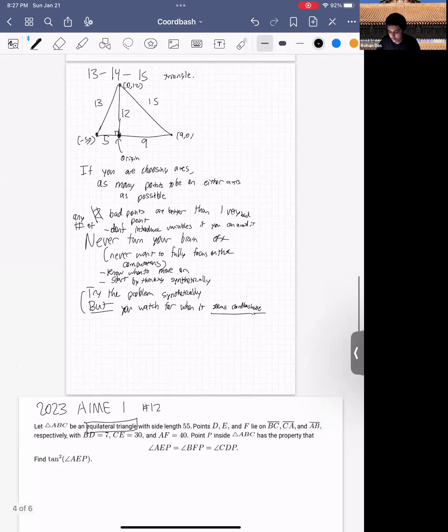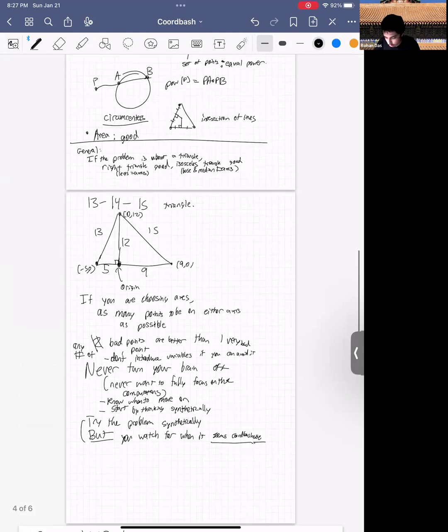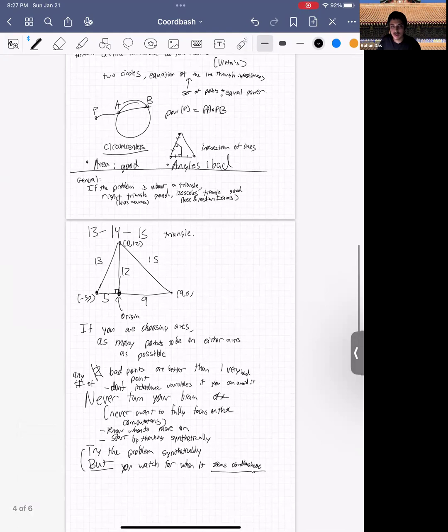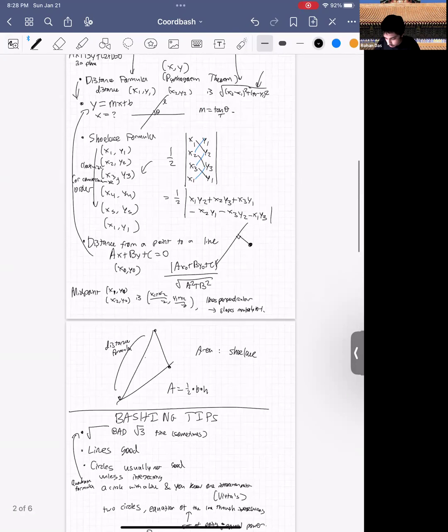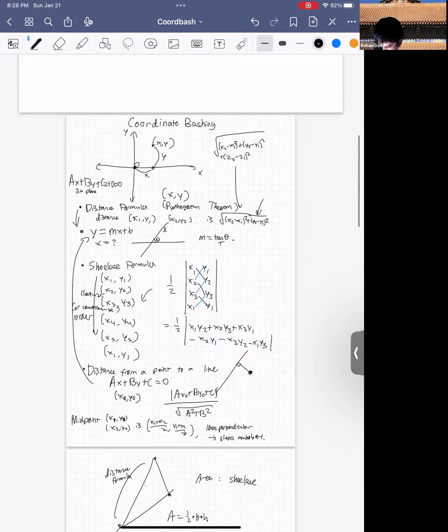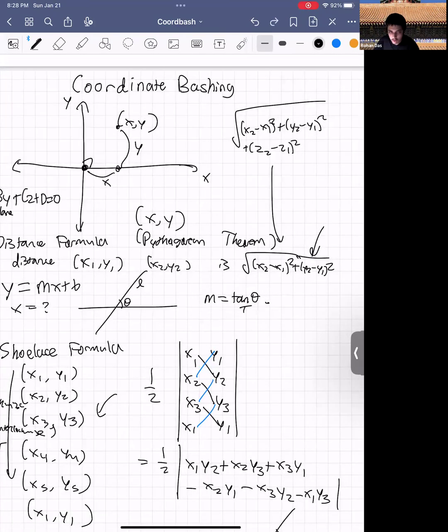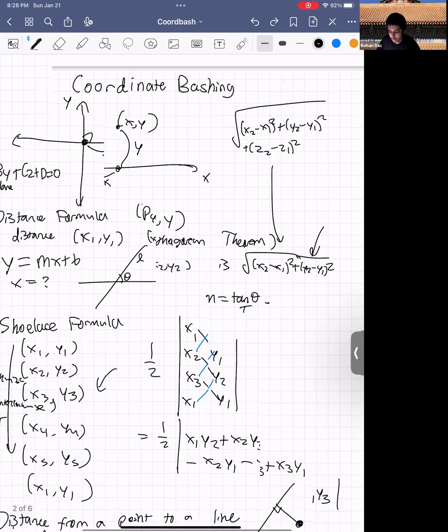Oh, I also forgot to mention that usually angles are not good to work with in coordinate bashing, because other than this one relation with angles, basically everything is in terms of lengths and perpendiculars. So angles are usually not helpful.